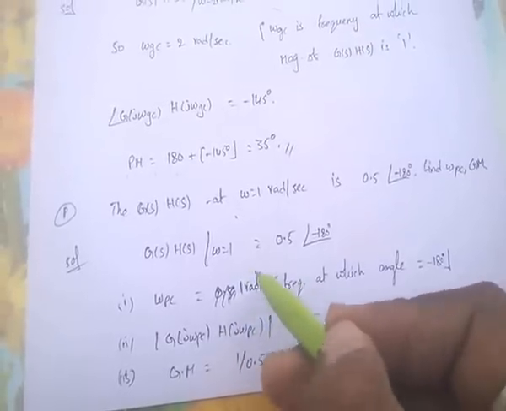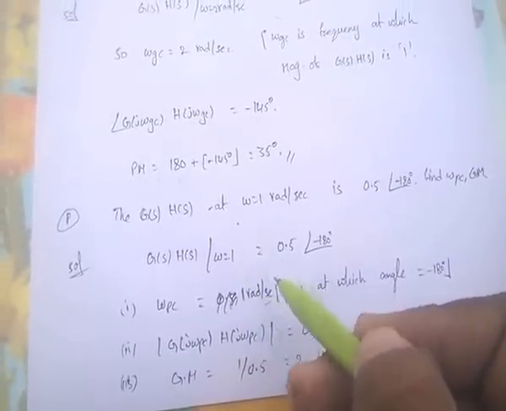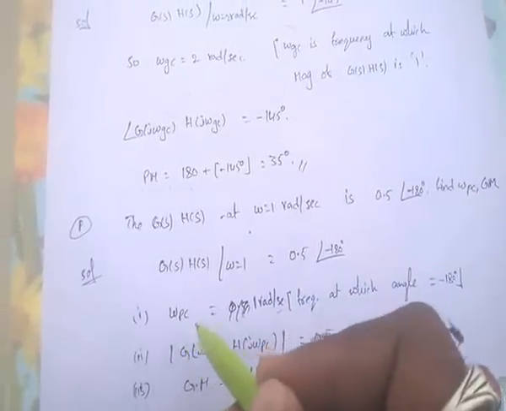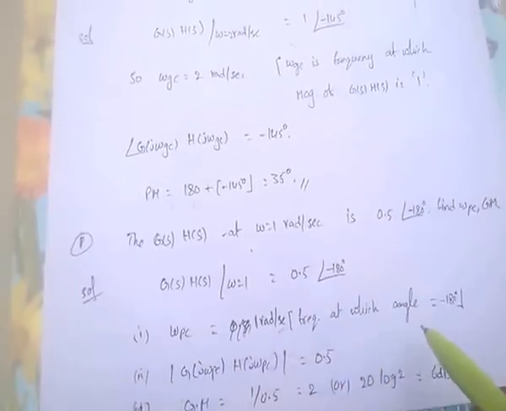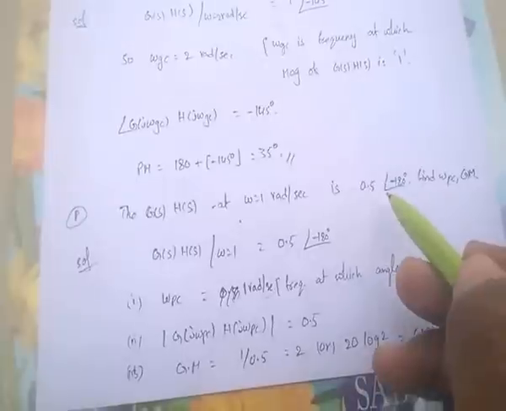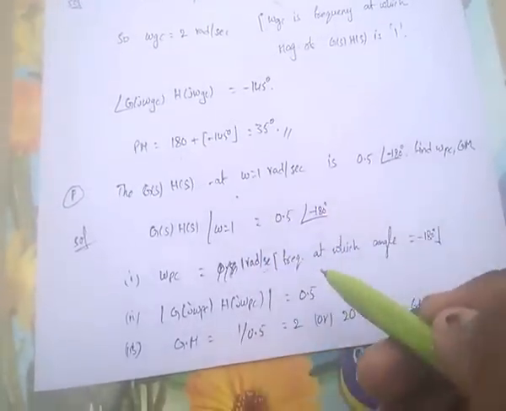Please verify this for all who have already taken PDF notes, and change it. Omega pc is equal to 1 radian per second, because omega pc is the frequency at which the angle is minus 180 degrees. For omega equal to 1, the angle is minus 180 degrees. That's why omega pc is equal to 1 radian per second.